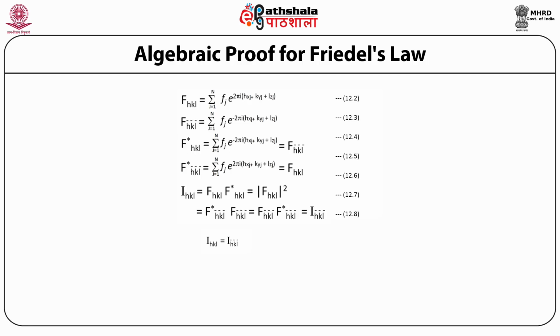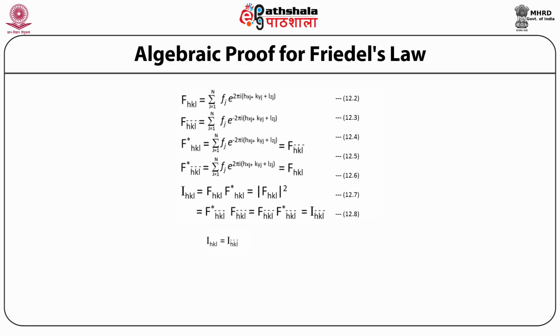Now, I want to get the complex conjugate of F of HKL, which I am denoting as F star of HKL. What do I mean by complex conjugate? Already I know the structure factor is a complex quantity, because if you look at equation 12.2, there is an imaginary term occurring in the exponent. Whenever I want to take the complex conjugate, i becomes minus i. That's the only difference.